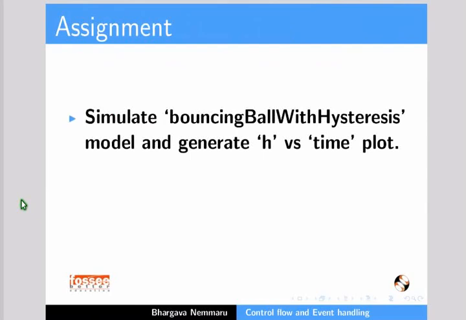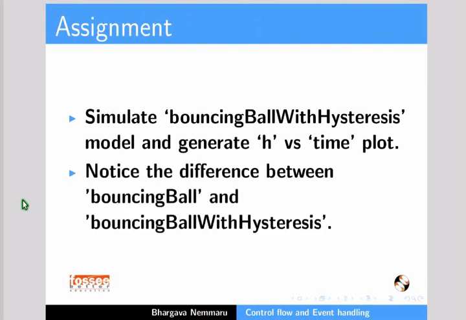The faulty behavior of bouncing ball model is corrected in Bouncing Ball with Hysteresis. Bouncing Ball with Hysteresis model is available on Spoken Tutorial website. Simulate bouncing ball with hysteresis and generate H versus time plot. Notice the difference between bouncing ball and bouncing ball with hysteresis.